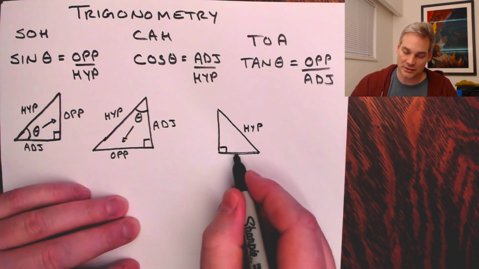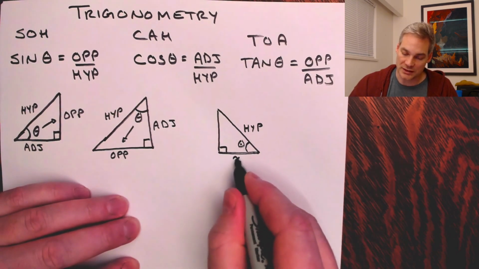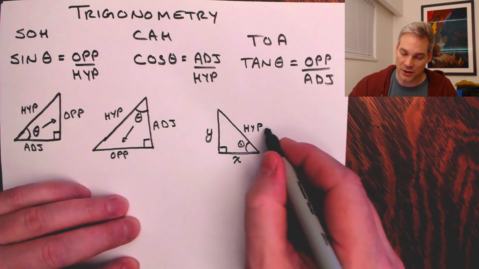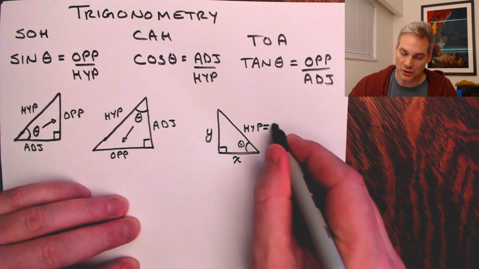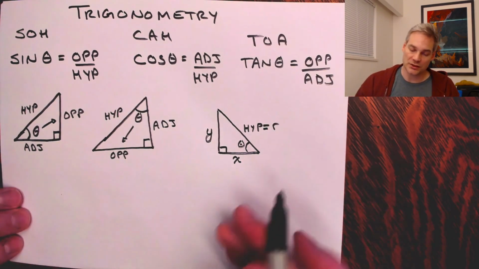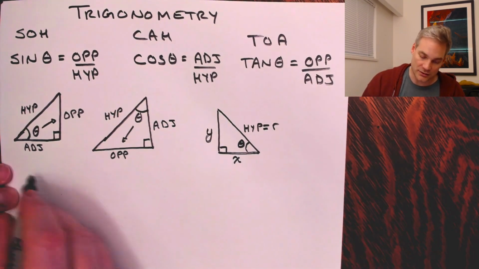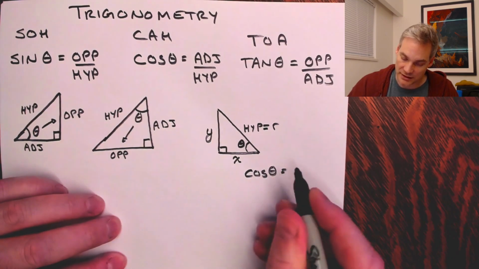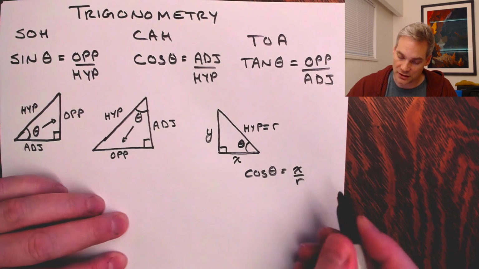But let's say instead of saying this is my theta, I'm going to put this as my x, and this is my y. And for my hypotenuse, I'm actually going to change that. It's going to equal r. So if this is theta, now the cos of theta here is my adjacent over my hypotenuse, which is x over r.